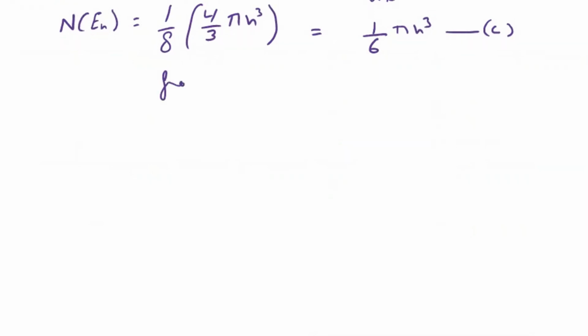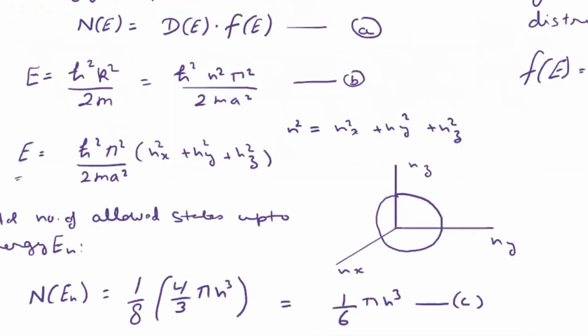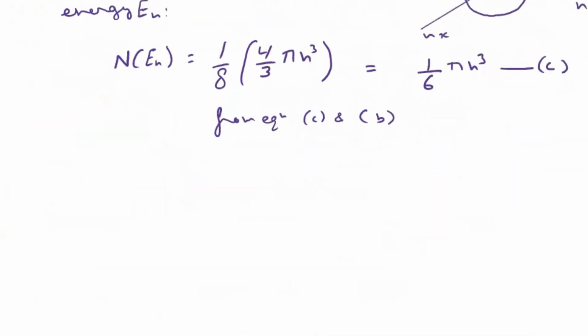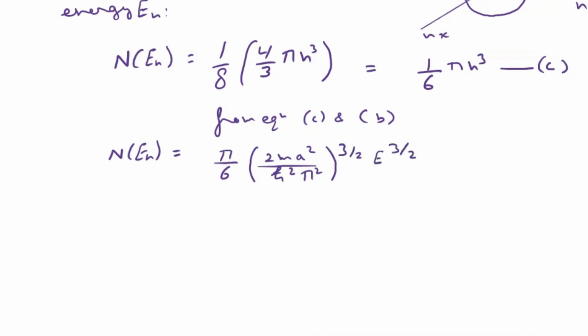Now, from equation C and equation B, n of E will be equal to pi by 6 times the bracket 2m a square upon h bar square pi square to the power 3/2, and E to the power 3/2.